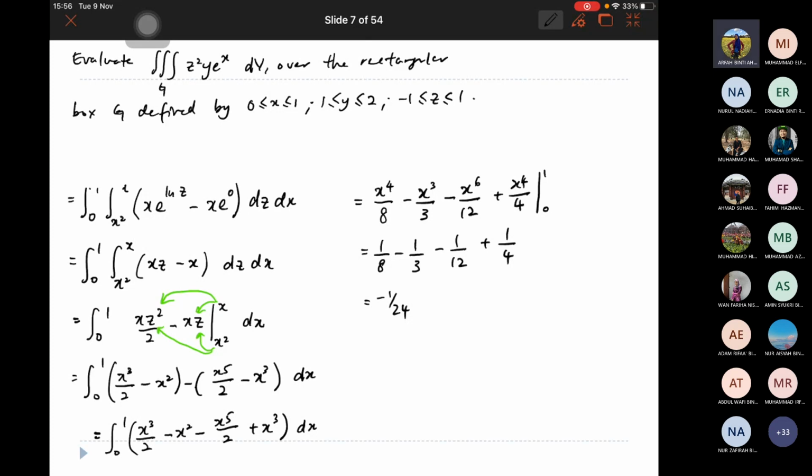Okay. So, cuba sketch the solid. First, cuba sketch the solid.